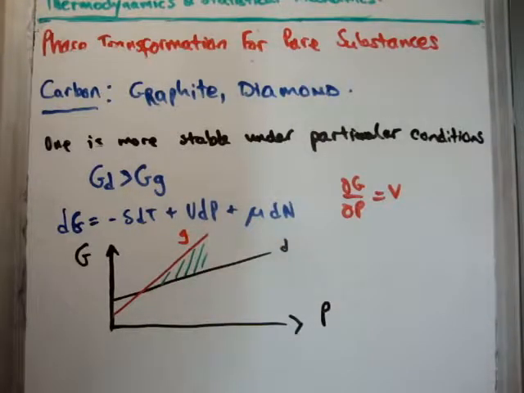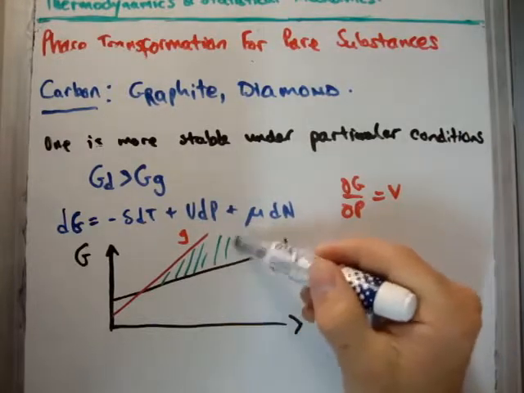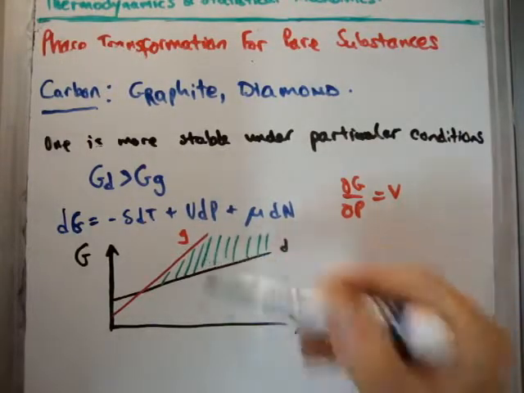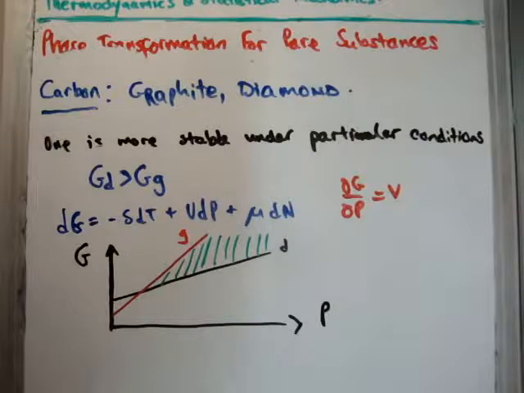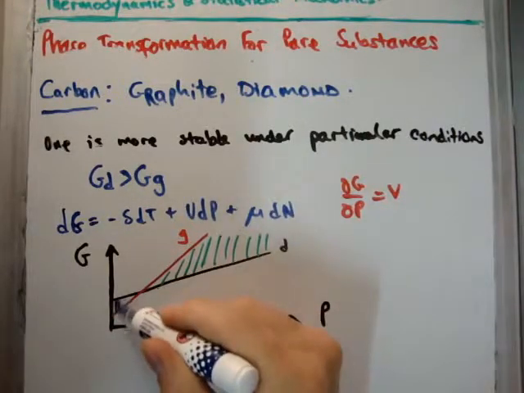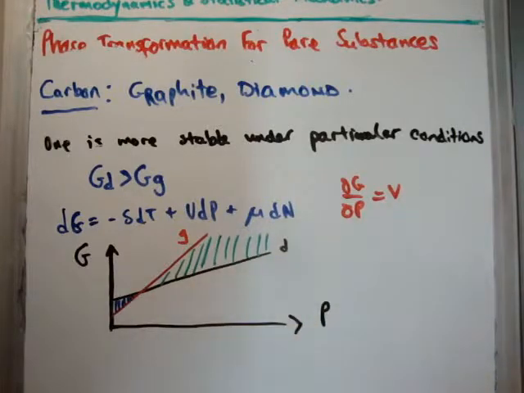So in the region shaded in green, diamond is more stable than graphite, because its Gibbs free energy is less than that of graphite. Whereas in the region I'm shading in blue, it is graphite which is more stable, because the Gibbs free energy of one is smaller than the other.